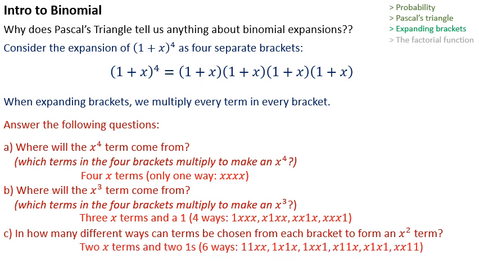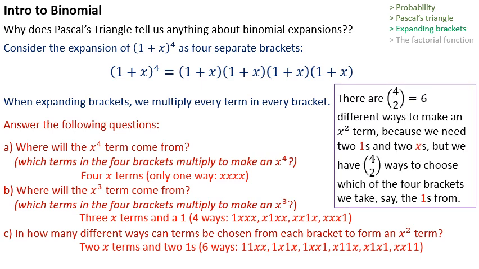And then what about an x squared term? This one, there are 6 ways to do it. We need 2 x's and 2 1's, but they can come from any of the brackets. And we've already seen how there are 6 different ways to choose 2 things from a collection of 4, or to allocate 2 positions from 4 possible positions, or to get 2 tails when you toss a coin 4 times. They're all really the same question behind the scenes.